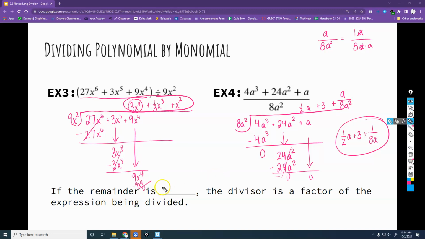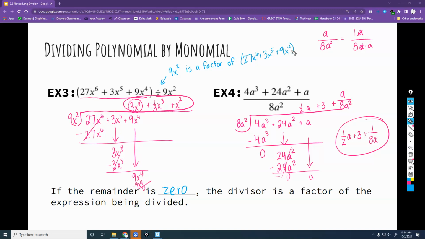The divisor, so what you're dividing by, is a factor of the expression being divided. So for this one, we could say that 9x squared is a factor of 27x to the 6th plus 3x to the 5th plus 9x to the 4th. That is a factor.